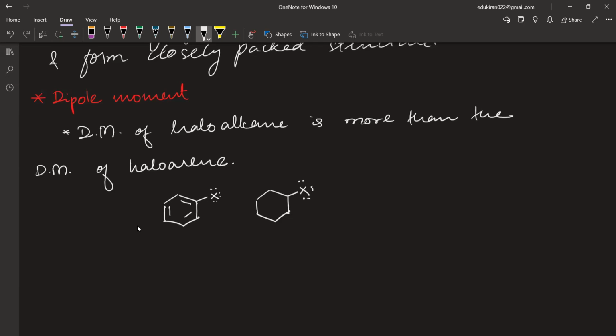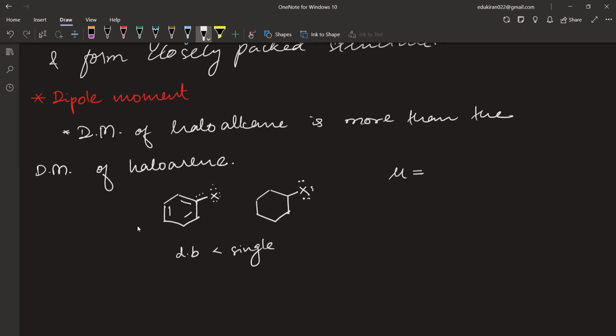Now, here you can see that this particular bond will have a partial double bond character. Is that right? Yes or no? Because of resonance, it is having partial double bond character. Now, if there is a partial double bond, then we know that a double bond is shorter than a single bond. Correct? And what is the formula for dipole moment?